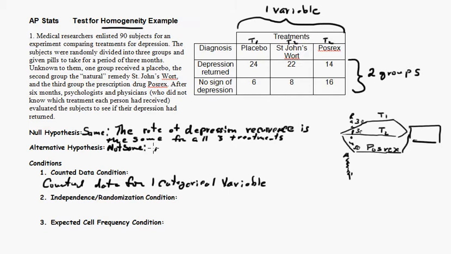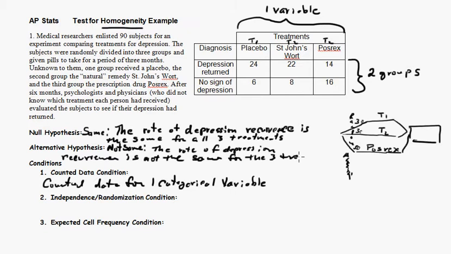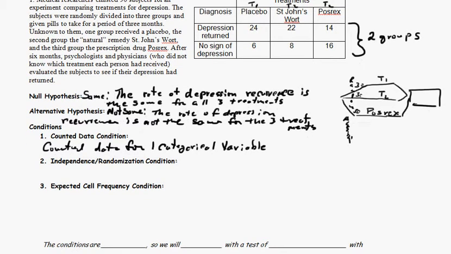And here we would just say the rate of depression recurrence is not the same for the three treatments. Okay, so that's how you would do that.